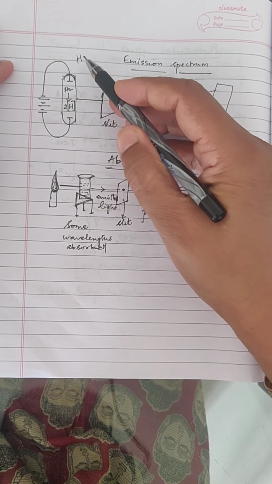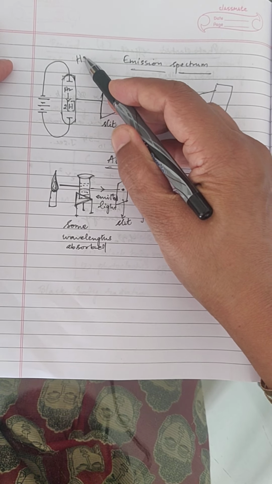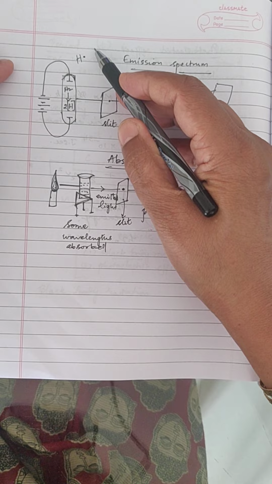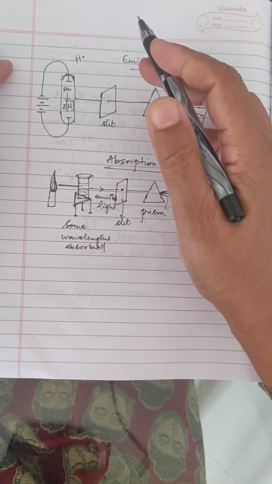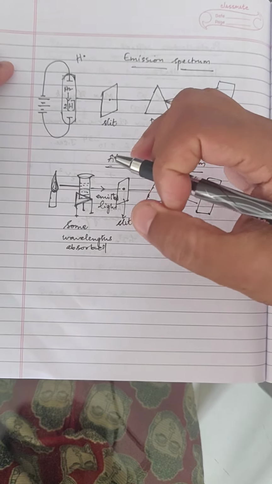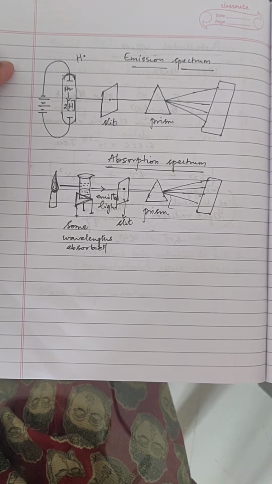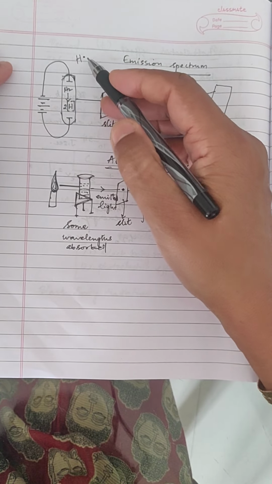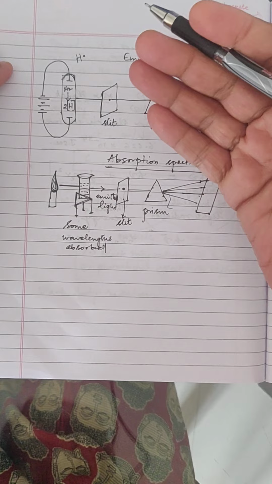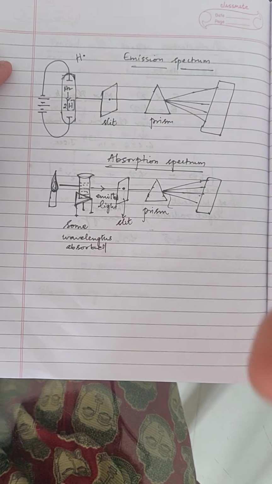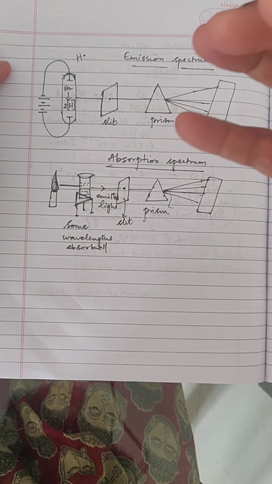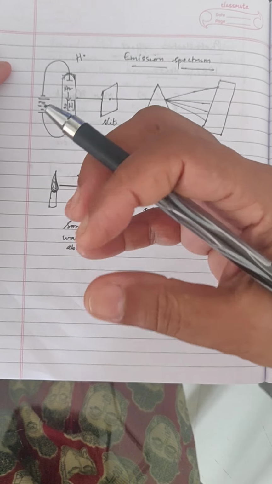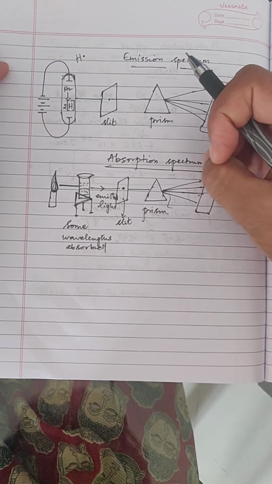So when it goes up from its K shell to either the L shell or M shell or N shell, it will absorb energy, and from those higher levels, when it comes back to its own K shell, it will release all that energy which it had absorbed. Now that released energy is our source of light.